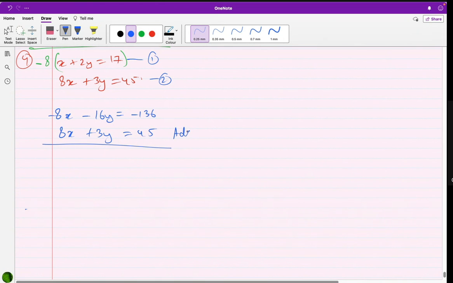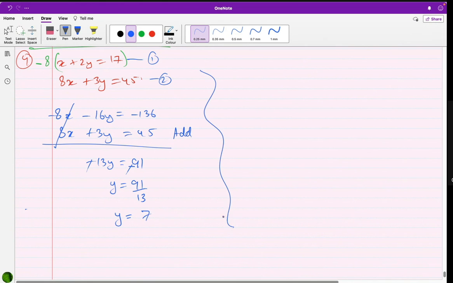So you add them and get rid of x. This is minus 13y, and 136 and 45, the difference is 91. Negative, negative cancel. y is equal to 91 by 13. y is equal to 7.